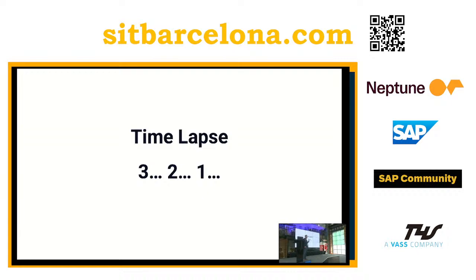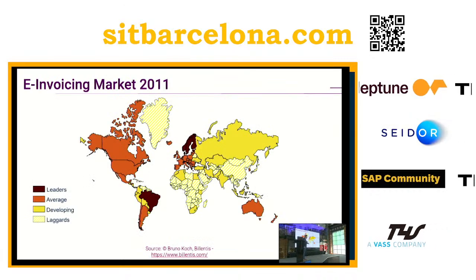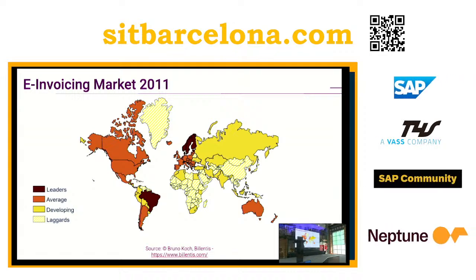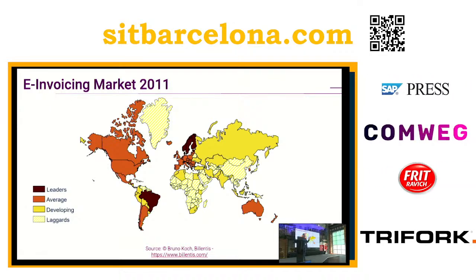The time lapse that I prepared for you here is a world map, and you will see how the market is evolving. As you can see, in 2011, Brazil and some Nordic countries were already leaders on this topic, because they started to fight against the tax evasion much earlier.